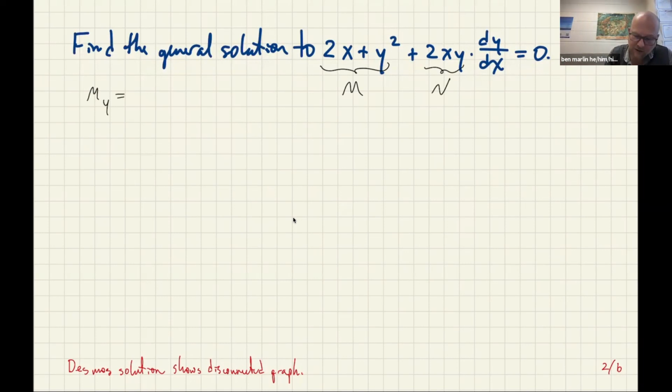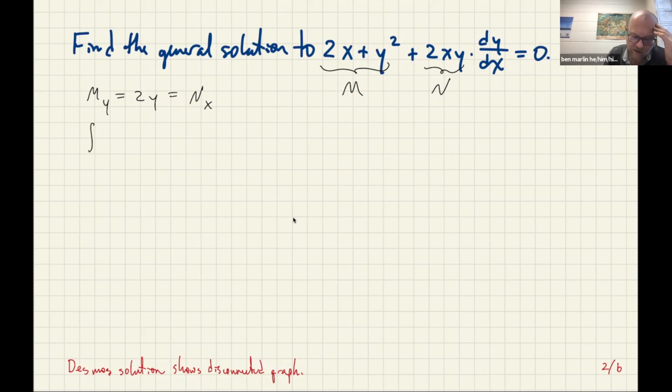When you do that, the 2x will disappear and you'll get just 2y. Then we'll take N sub x, since that's 2xy, and when you do that with respect to x, you'll get just 2y. So yes, we do in fact have a conservative vector field that we can get a potential function for.